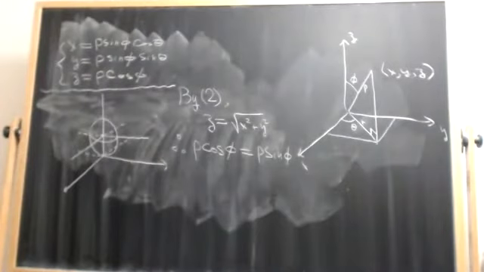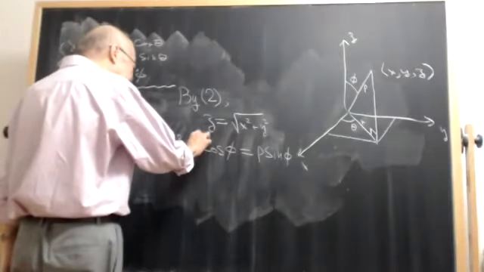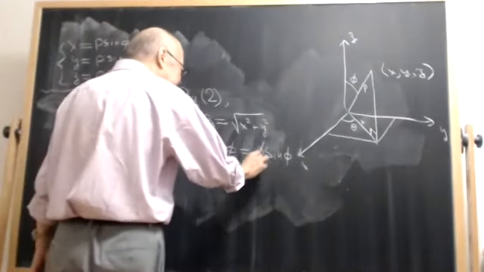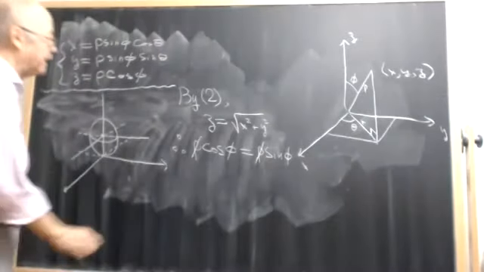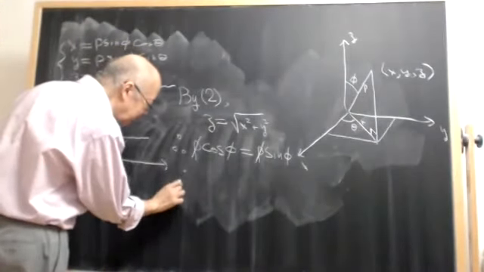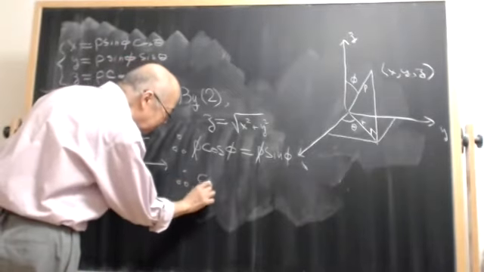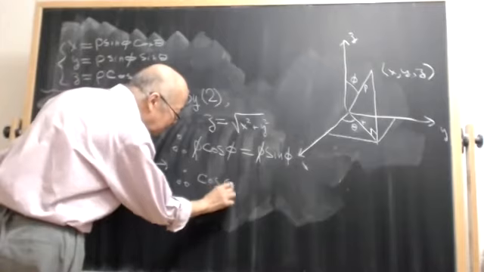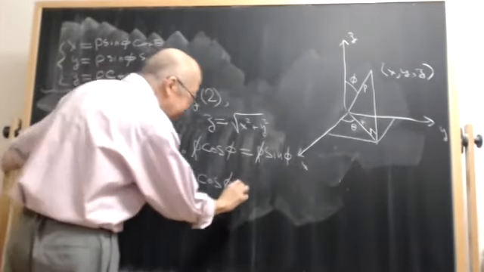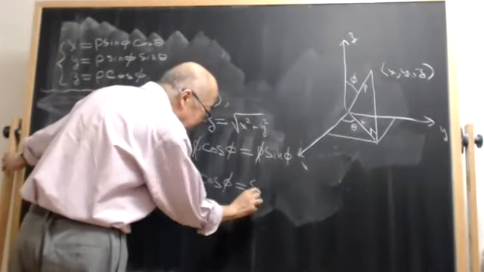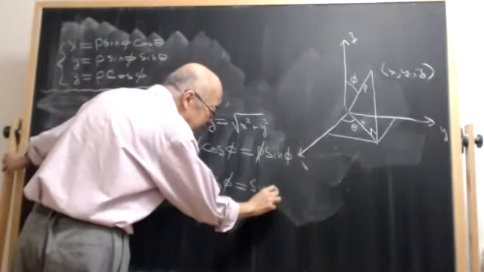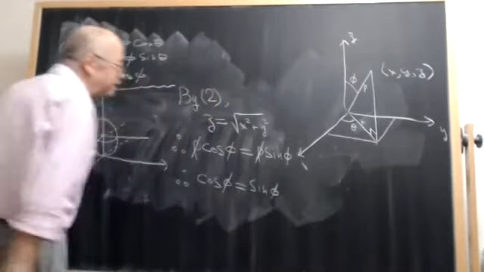That's equation 2. And we have to know what we get for this equation. Well, rho is a positive number. We can cancel it. Therefore, cosine phi is sine phi.